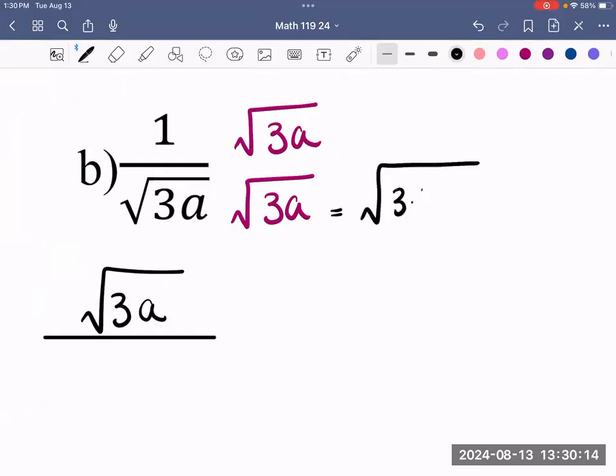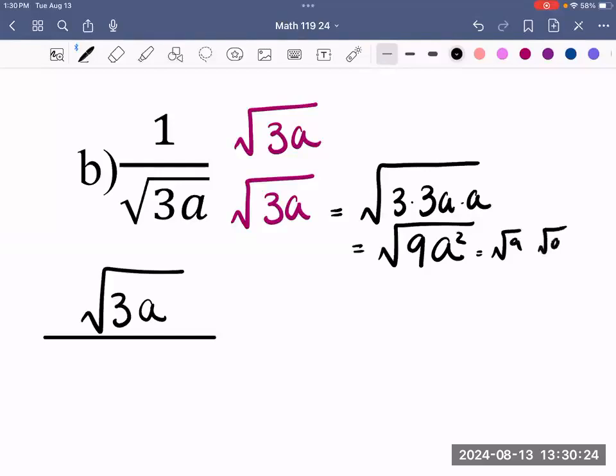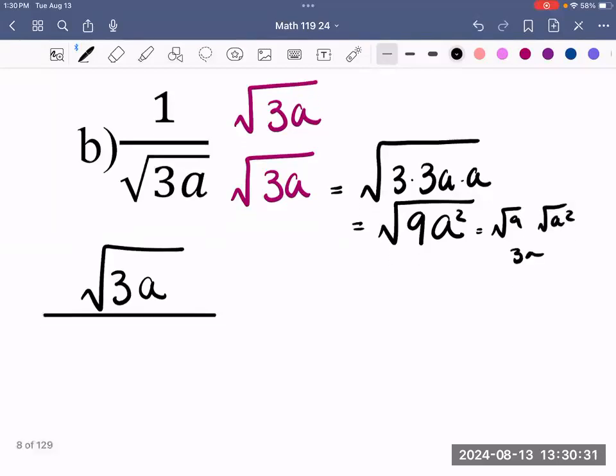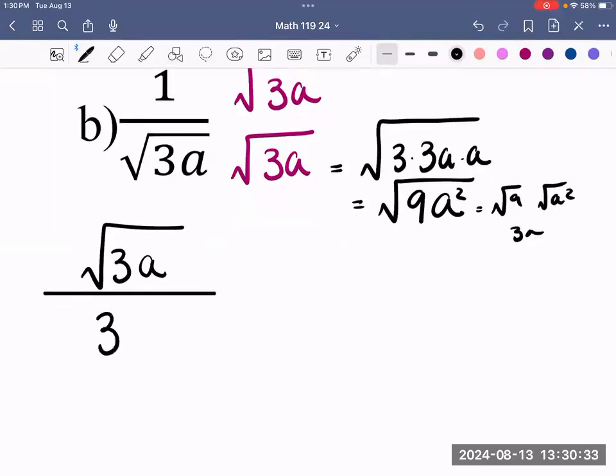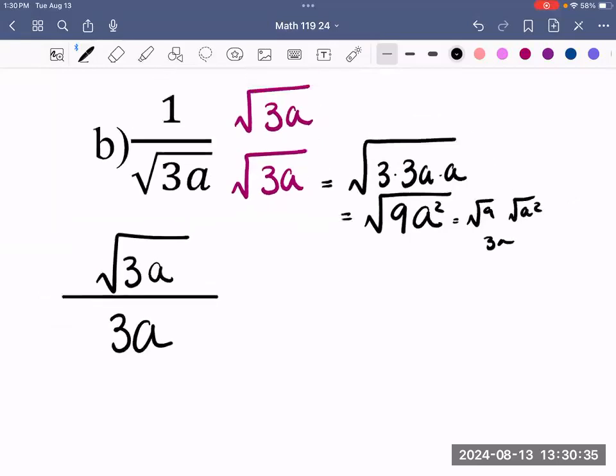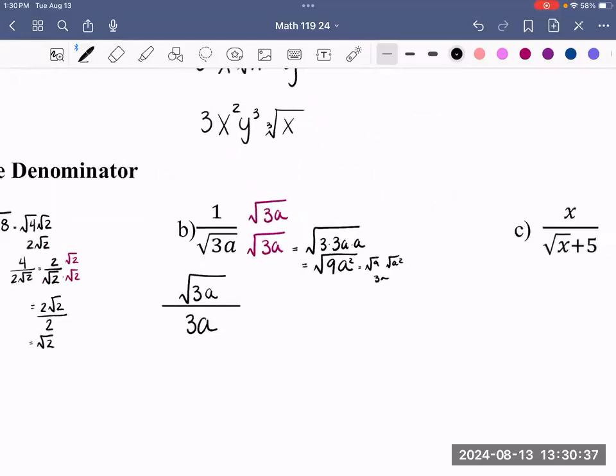We have 3 times 3, a times a, so square root of 9a squared, square root of 9, square root of a squared, so 3. And you can do the absolute value of a, it's not necessary here. But otherwise, we're just going to say 3a. And there you go. We cannot cancel them out. One has a square root sign, so we have to leave it as is.